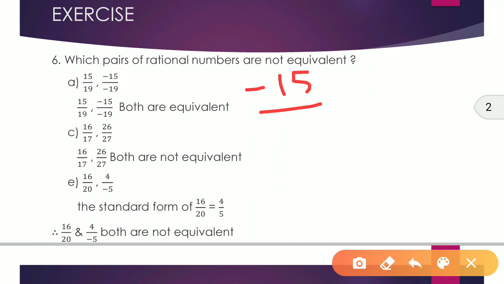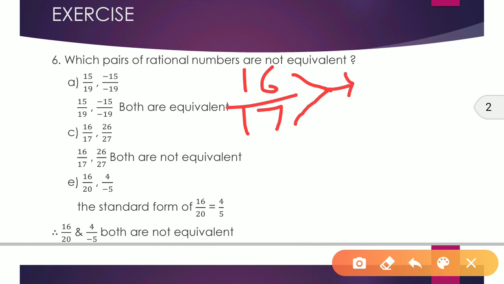Now question number C is, first rational number is 16 by 17 and second is 26 by 27. Can we simplify 16 by 17? We cannot simplify 16 by 17. Why? Because we cannot get any HCF of both the numbers. In the similar way, 26 by 27.